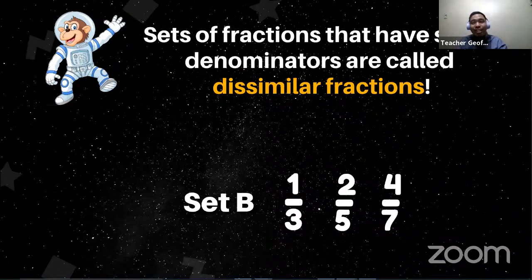The set of fractions that have this, really sorry for that, kids. I wasn't able to correct it. Sets of fractions that have dissimilar denominators or not common denominators will just be called dissimilar fractions. Okay? Just remember that. Again, look at your denominators, and if they are all different, then they will be called dissimilar fractions.